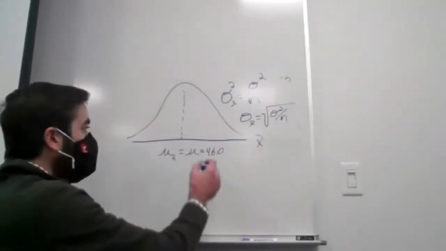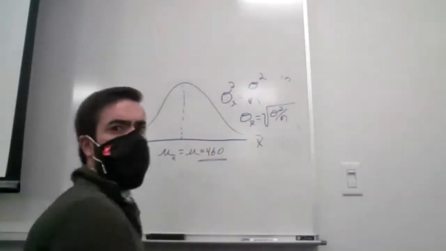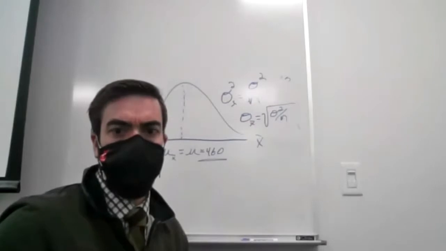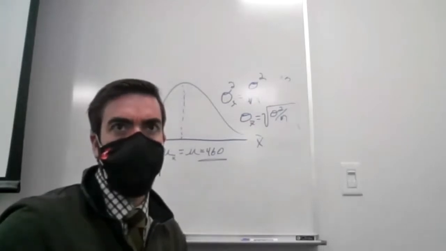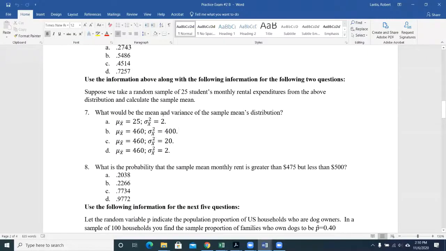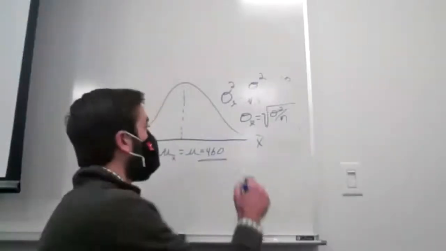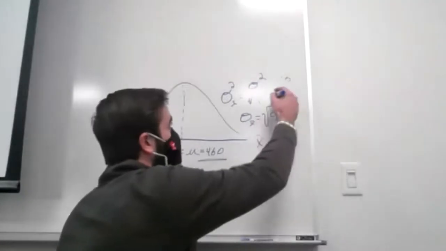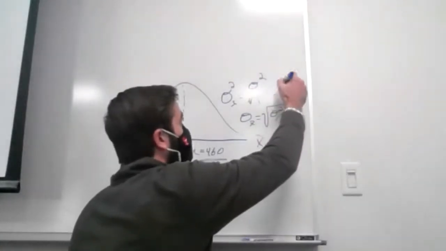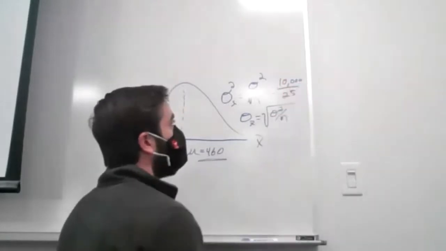That was kind of the denominator in a lot of our hypothesis testing problems. So the mean of our sample means is that population mean of 460, and I can't remember if we were asked for the variance or the standard deviation. Yep, the variance. We're asked for the variance here. So we're plugging things in here. 10,000 divided by 25.